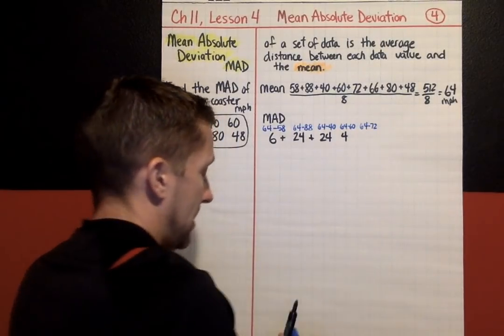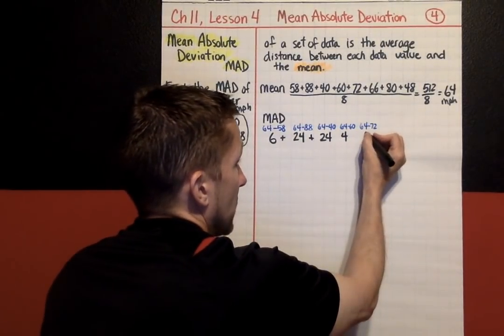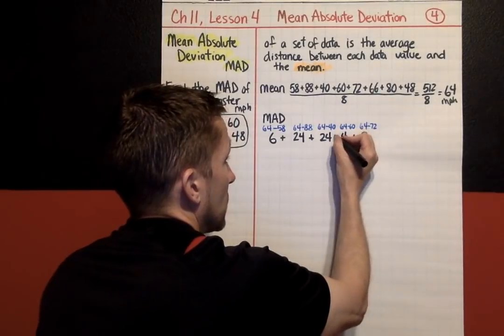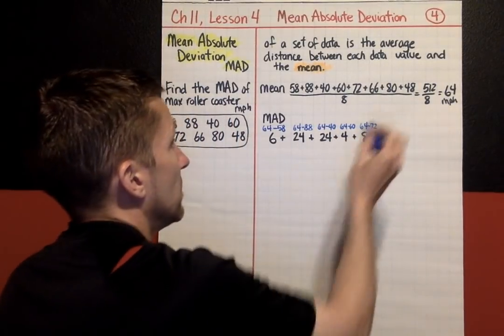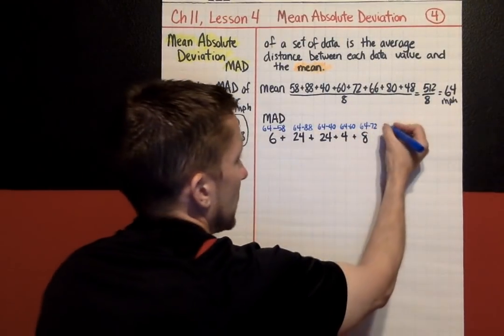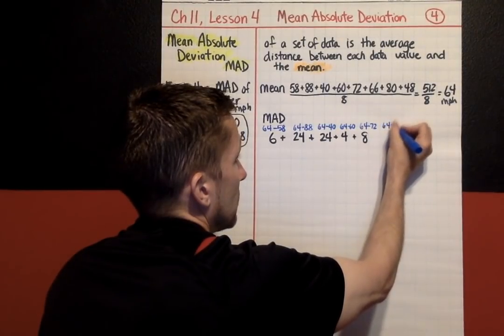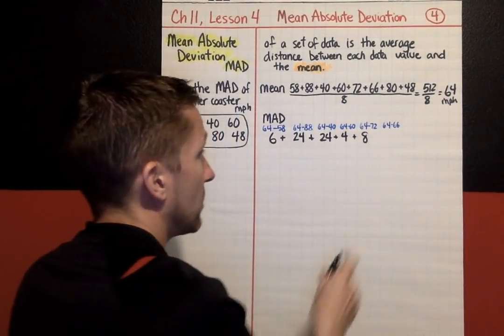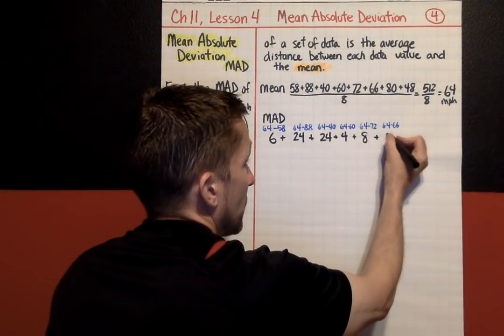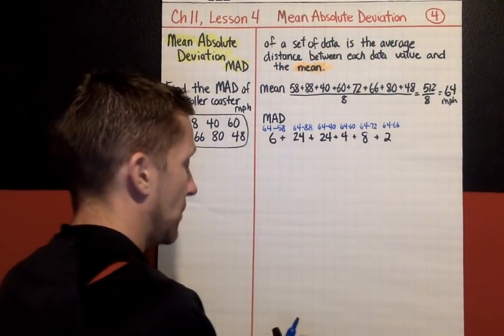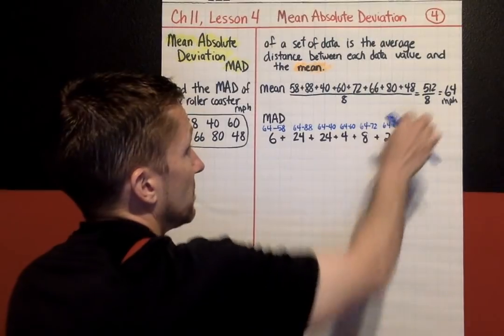And there I get negative 8, but I'm going to take the positive 8 because we're talking about distance. 64 minus 66. And my calculator will tell me negative 2, but I'm going to take a positive 2 because we're talking distance.